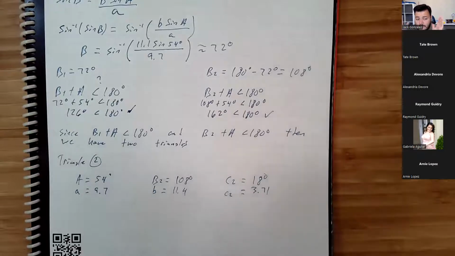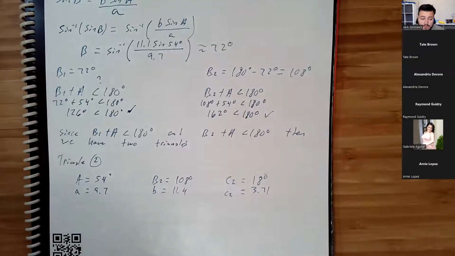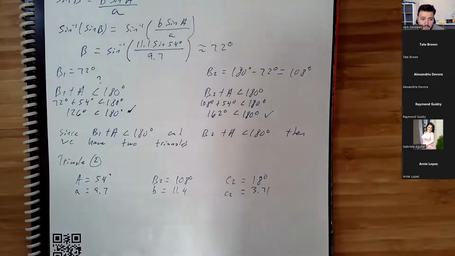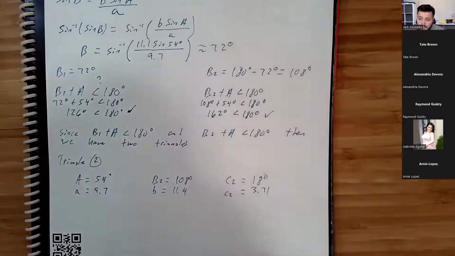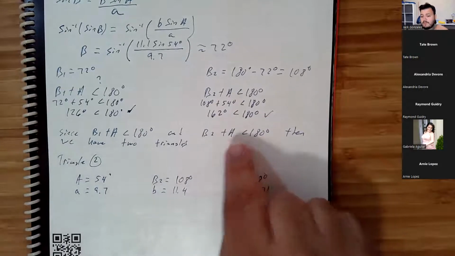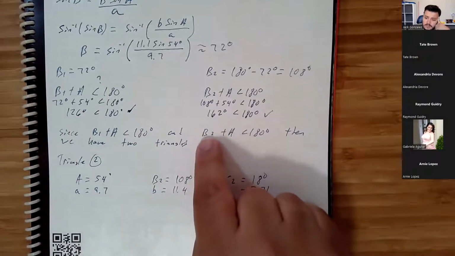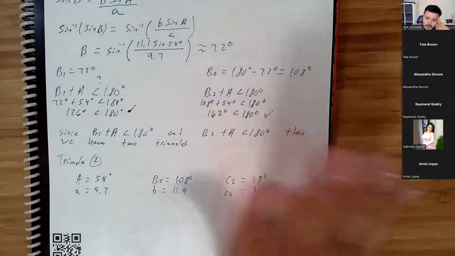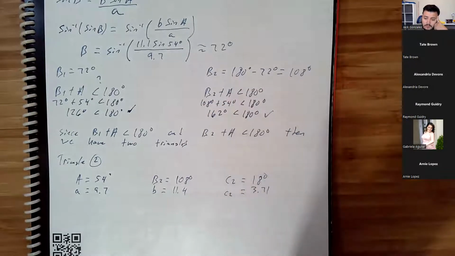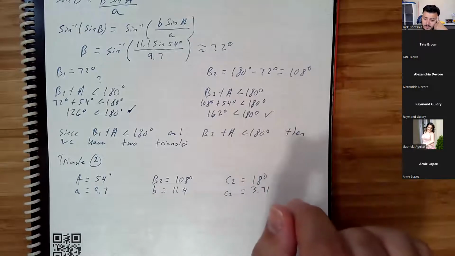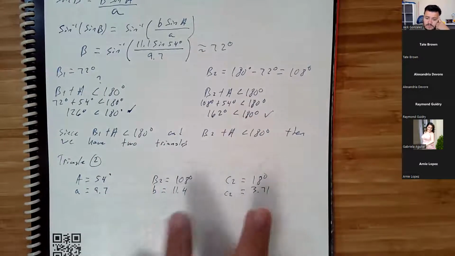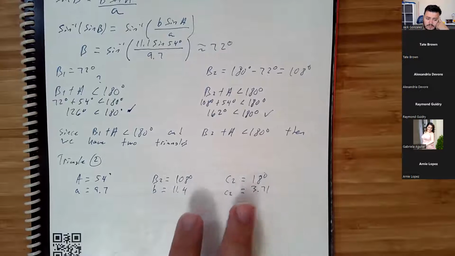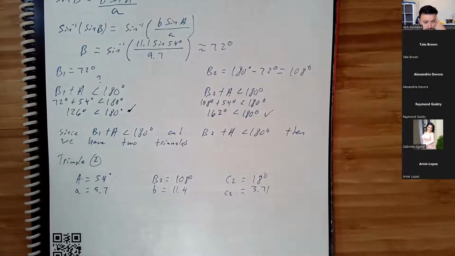If both of them work, then you have two triangles. If one of them fails, meaning when you add it to the other angle it's bigger than 180, let's pretend B2 was too big when I added it to A, then I would still say I only have one triangle. But if they both work, then you have this scenario. This is the scenario that kind of stinks.